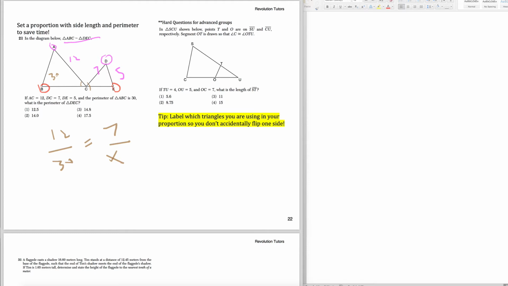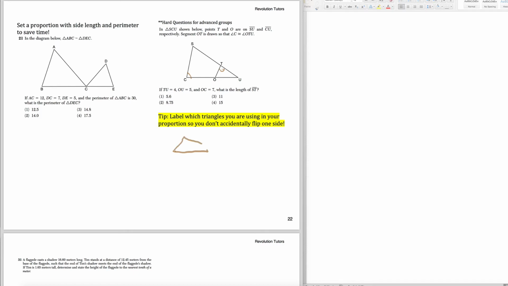Okay. This one here is a nightmare, so let's just do it together. I think the key is to redraw OTU, okay? So let's just figure out first what the deal is, which one goes with which. They give you that angle C is angle OTU, is this angle, you understand? So I would move this triangle out and make it look like this triangle.